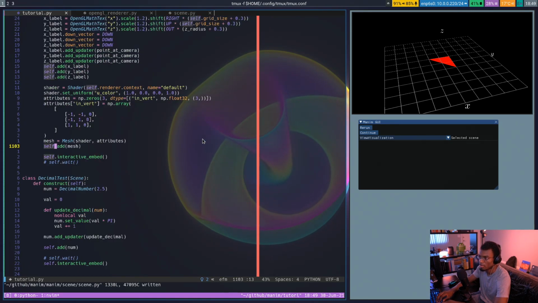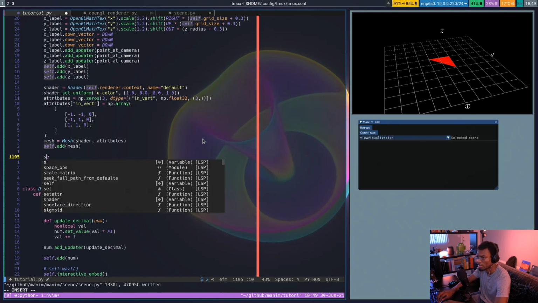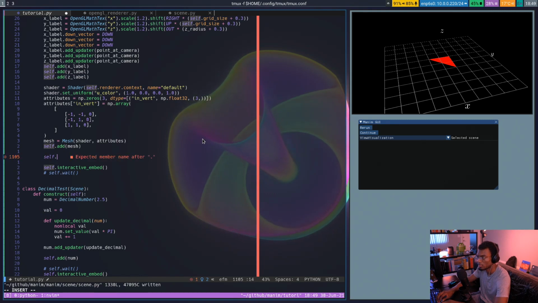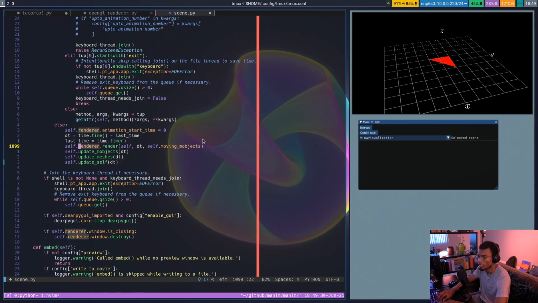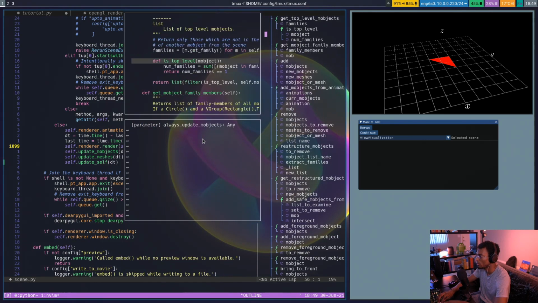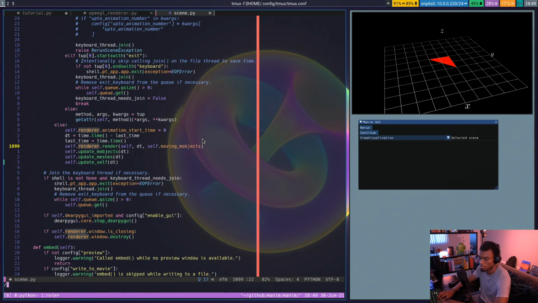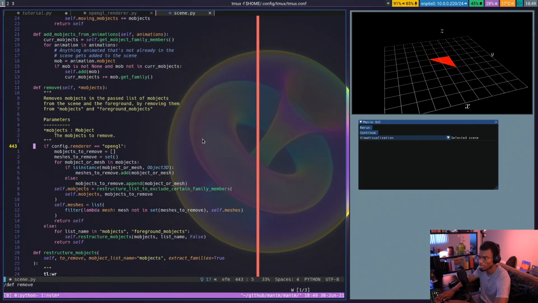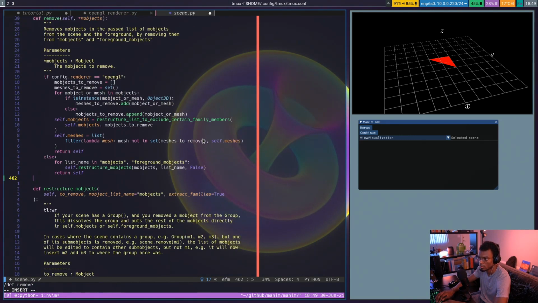And then what I'm gonna do is self.add_updater, which I'll have to also write. Maybe just right after remove.